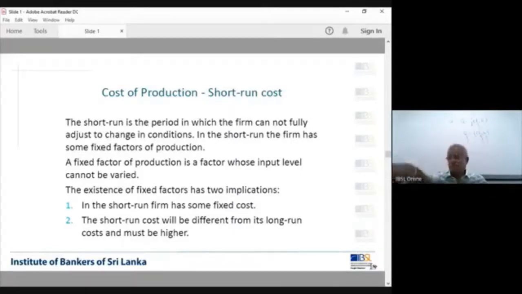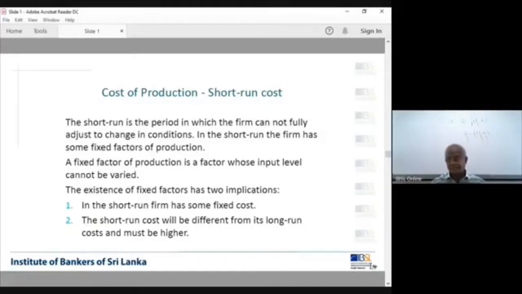For example, at IBSL, if you have 1,000 computers, the monthly rental of these computers is a fixed cost. Or if you have a rented building, every month you have to pay the rent, fixed cost. Right? The short run cost will be different from its long run cost and must be higher.